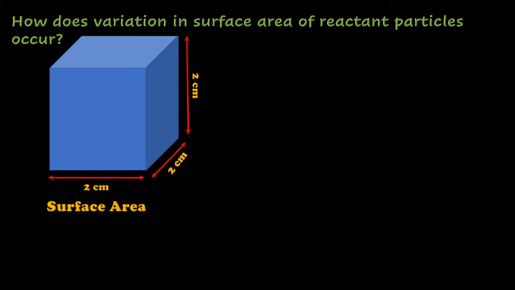If we are to work out its surface area, we find that we have to multiply the area of one face, which will be 2 by 2, and multiply the result with the total number of faces of a cube. A cube has 6 faces.